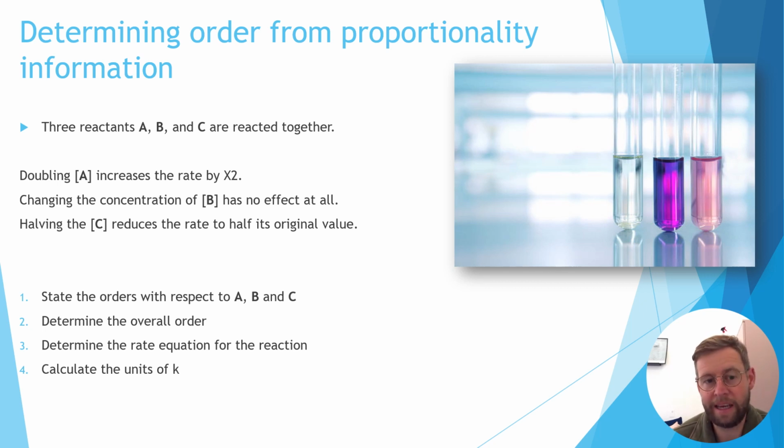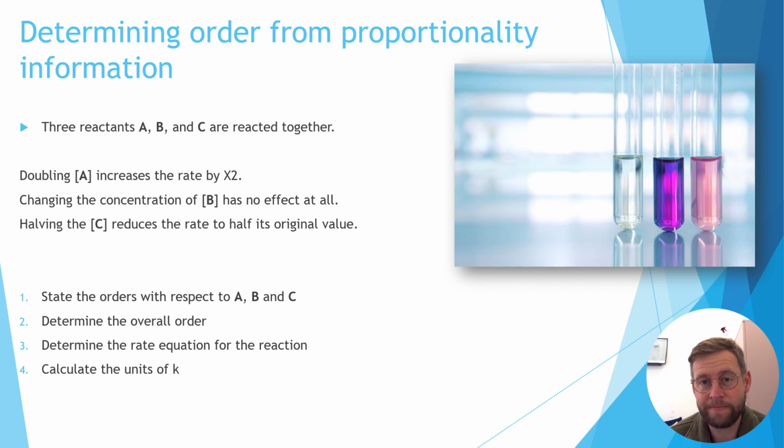So I would say the orders are first order with A, zero order with B, and first order with C. That means the overall order would be 1 plus 0 plus 1, so the overall order of this reaction would be 2.